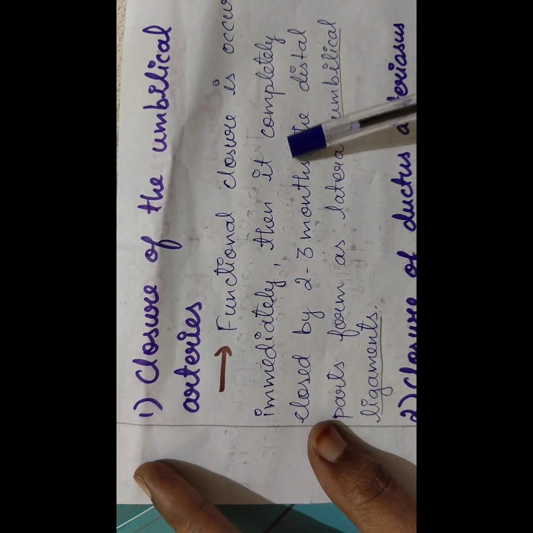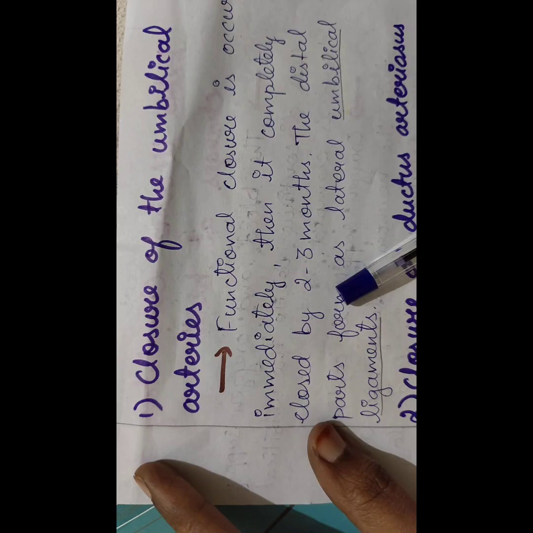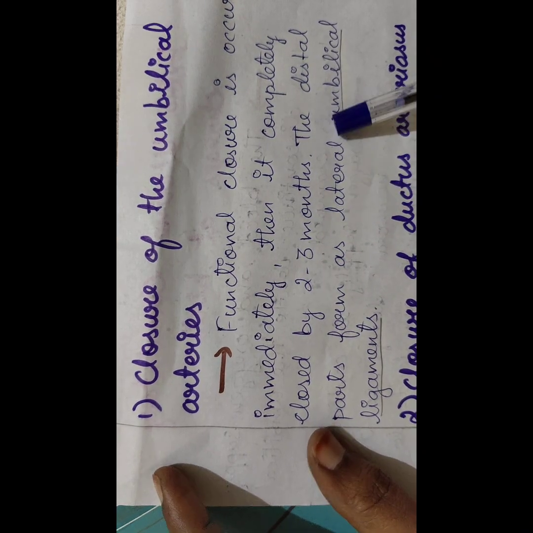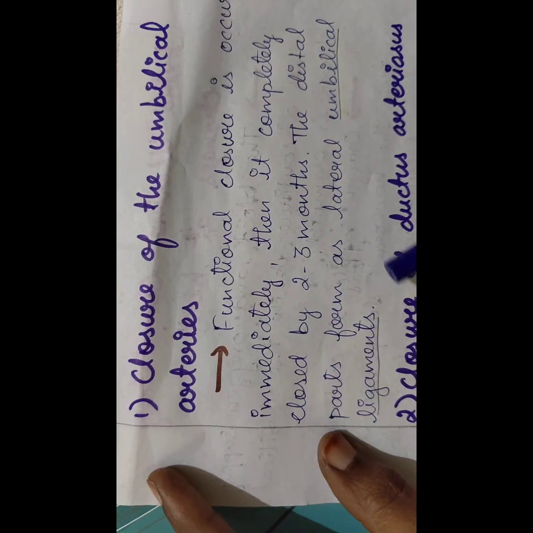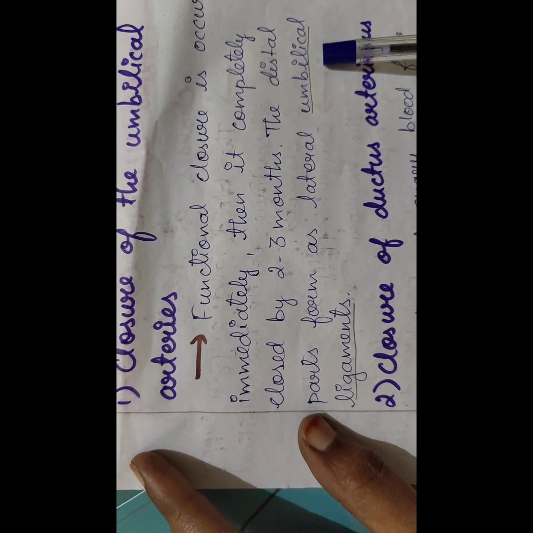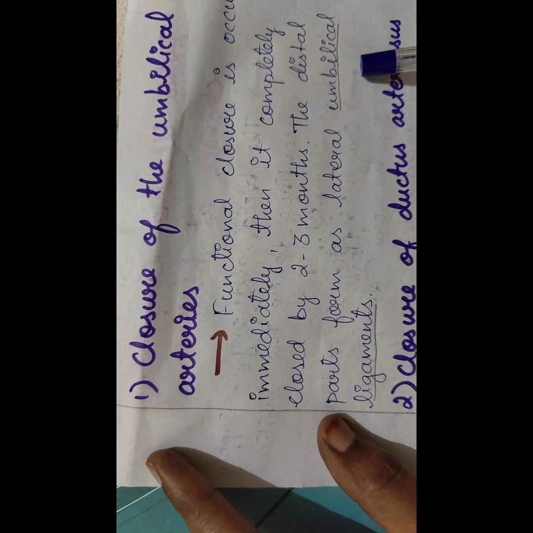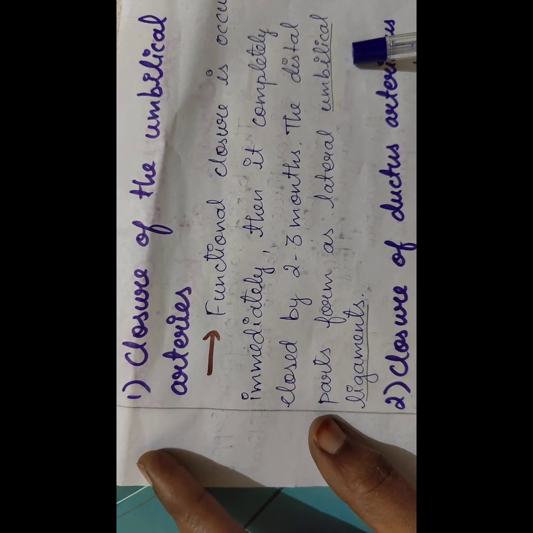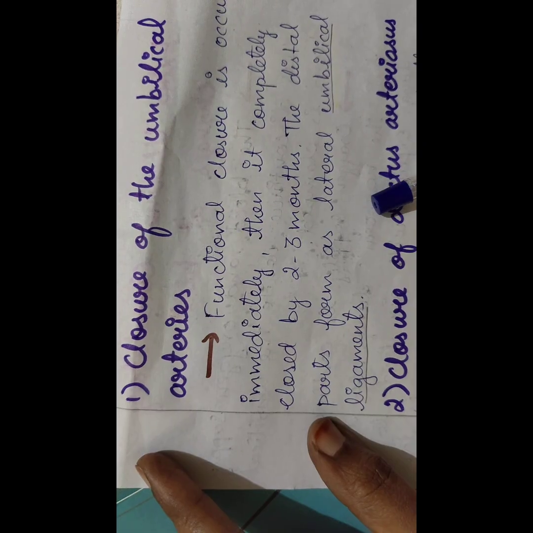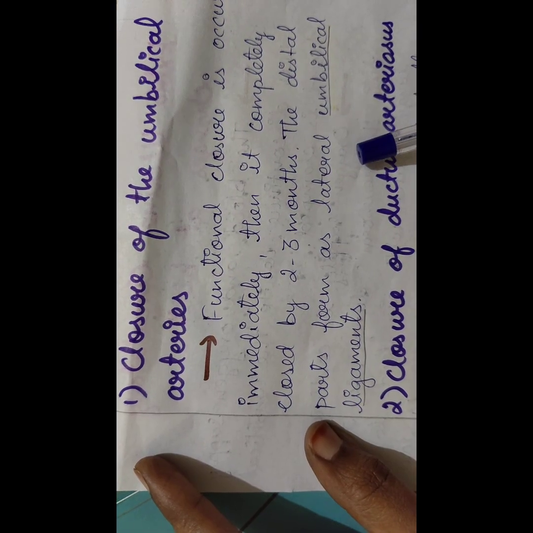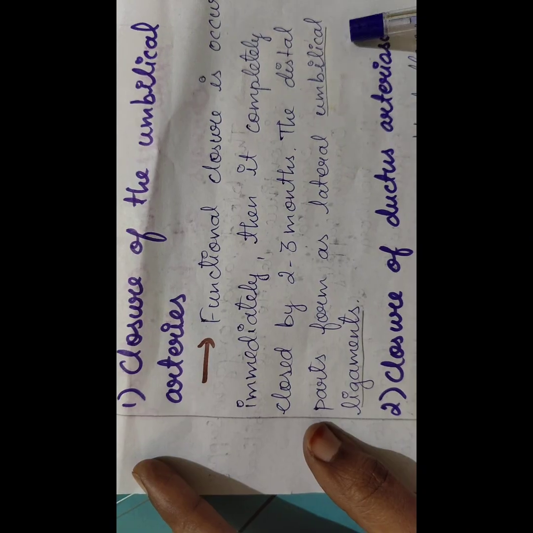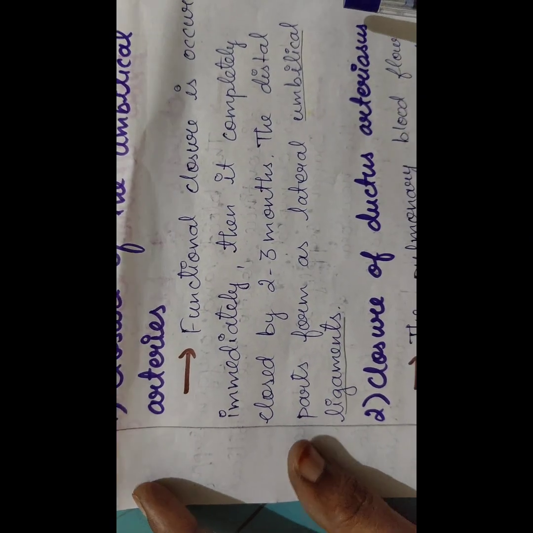Complete closure means anatomically closed, which takes 2 to 3 months. Then the distal part, the umbilical arteries' end part, forms the lateral umbilical ligaments. The umbilical arteries change into umbilical ligaments.